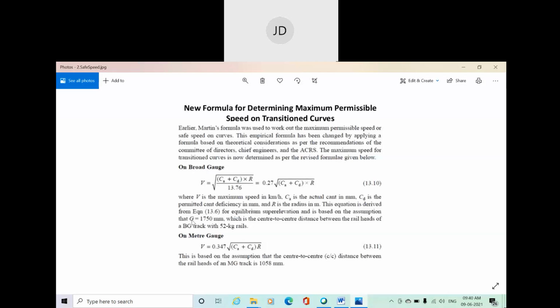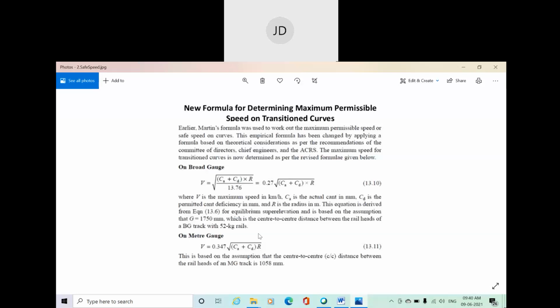G equal to 1750 millimeter. It is standard, which is the center to center distance between the rail heads of the broad gauge, having 52 kg rails. That is the weight of the rail. Fine. So basically, you should remember the gauge of different tracks, whether it is broad gauge or meter gauge, all these things.